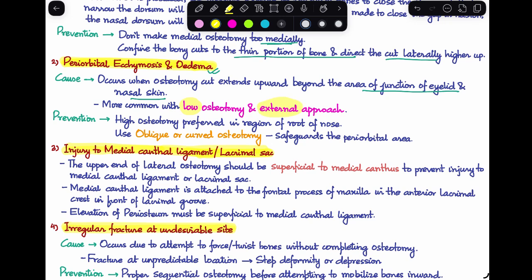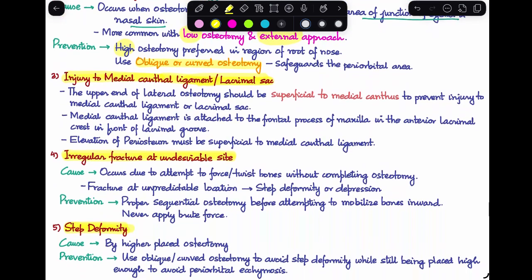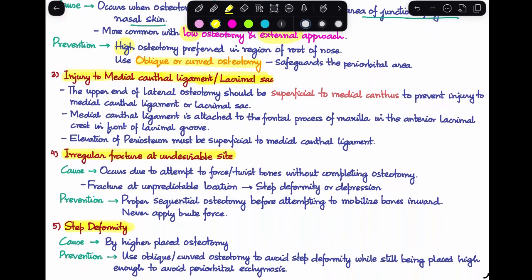To prevent the development of this complication, we will prefer to use a high osteotomy in the root of the nose, and we'll also prefer to use an oblique or a curved osteotomy because it will help in protecting the periorbital area.